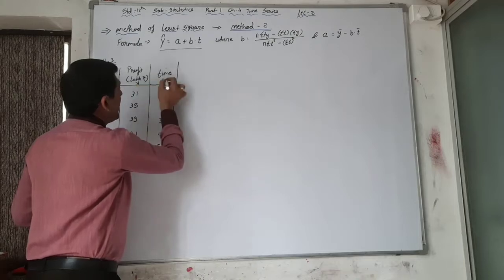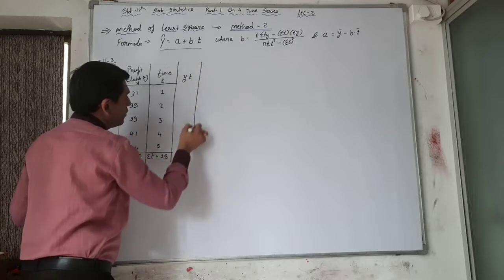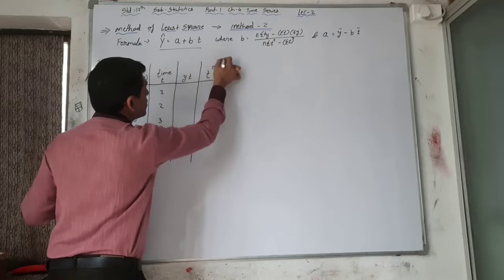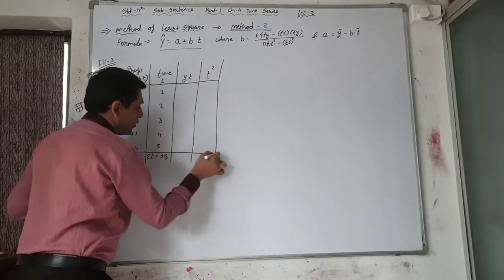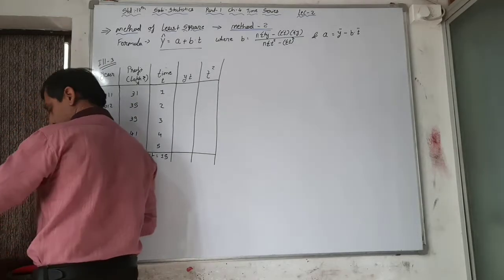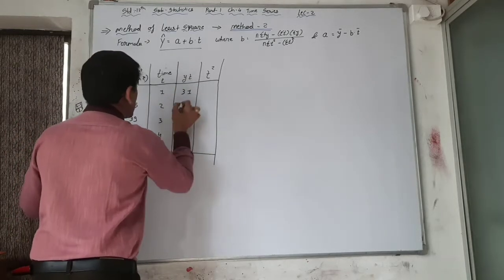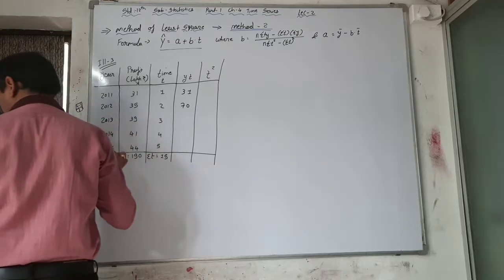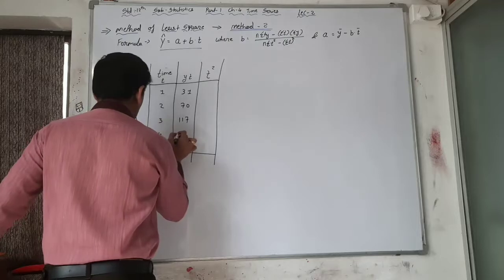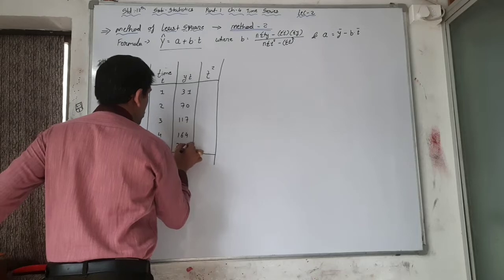First of all, y and t are given, then the multiplication of that, ty, and then only t square. Multiplication: 31 into 1 is 31, then 70, then 117, 164 and 220.